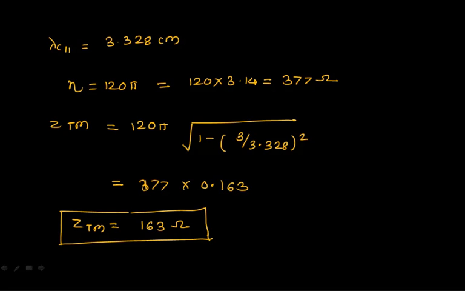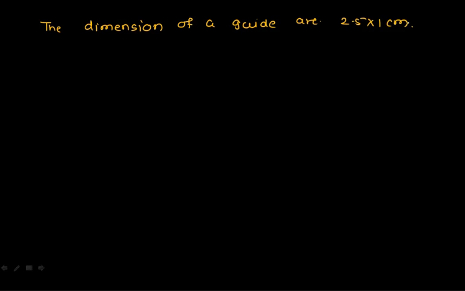Now we'll do one thing, as we're talking about the possibility of modes. Okay, so I'll take the previous example which we have solved, which I think I have solved half. So this is the last problem which I'll take right now. The dimensions of a guide are 2.5 into 1 centimeter and the frequency is given as 8.6 gigahertz.